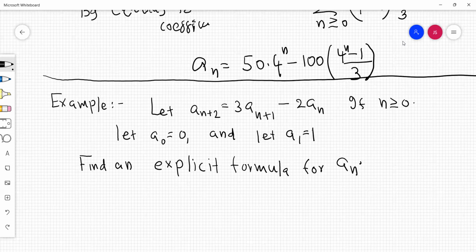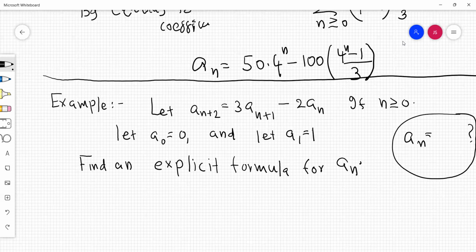Now, if you remember how to solve the second order linear recurrence relation, of course, you can find a closed form expression for this one, right? That's one method to solve this recurrence relation. Now, you don't need to do it in this way. Now, let's find the an using the generating function method.